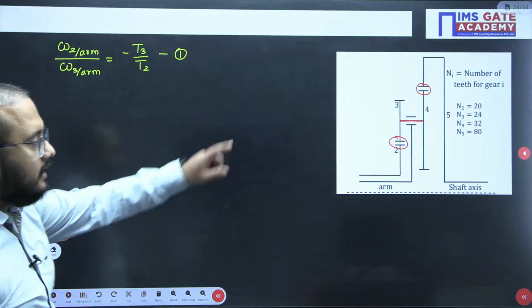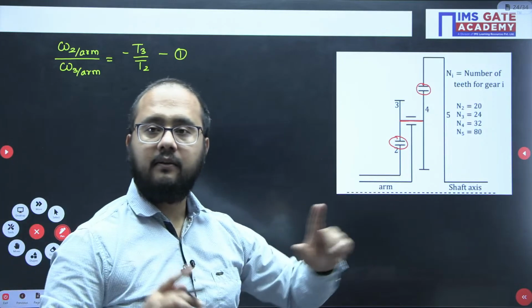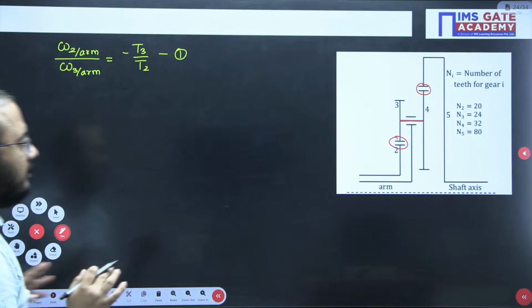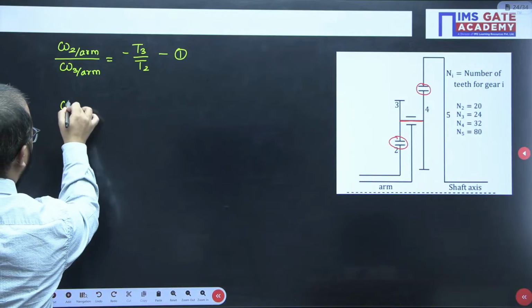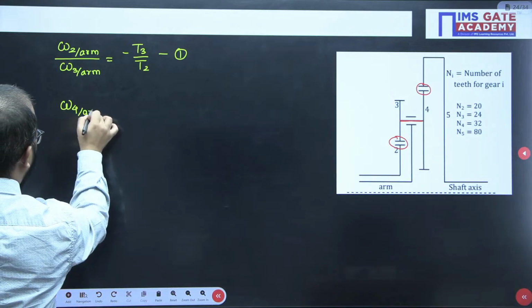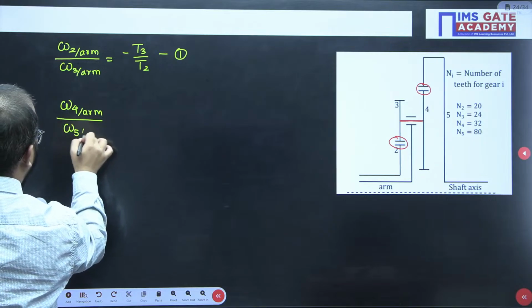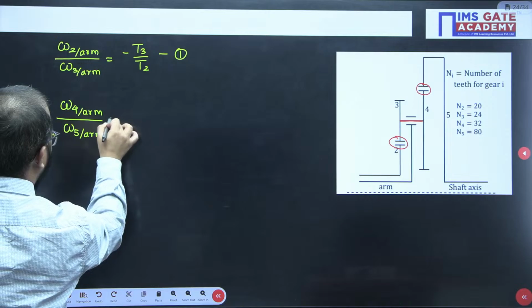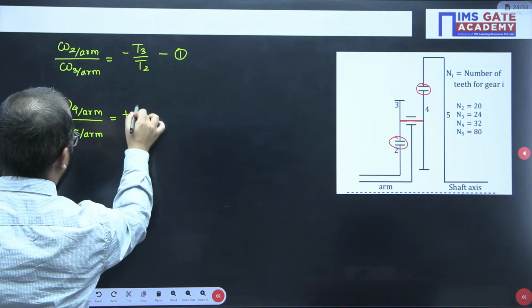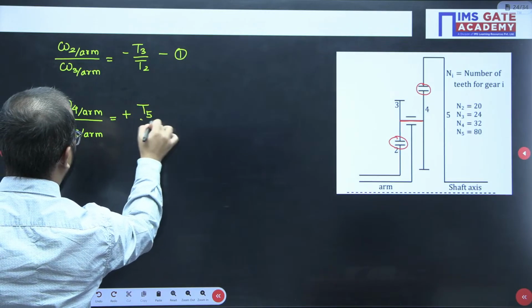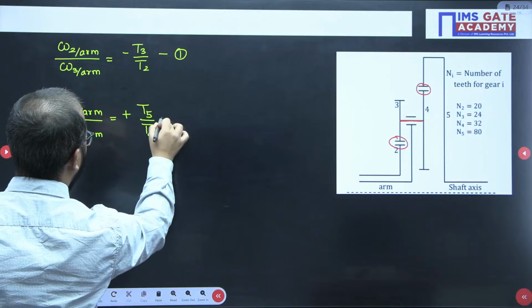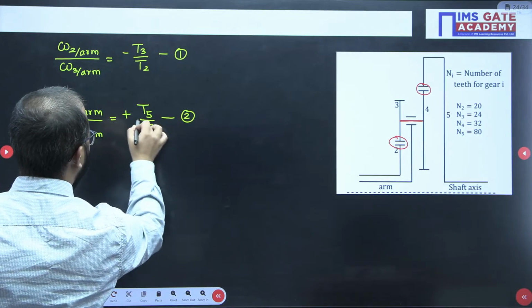Now, gear 4 and 5 are in meshing, but a positive sign will come because of internal meshing. Omega 4 with respect to arm divided by omega 5 with respect to arm equals T5 by T4. That is equation number 2.